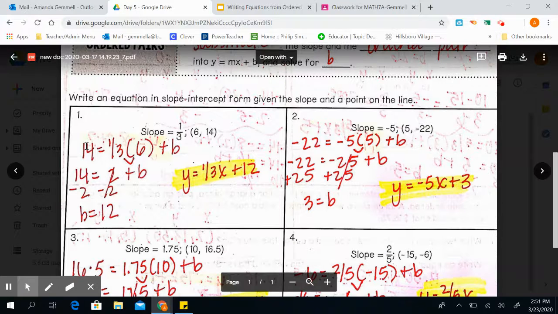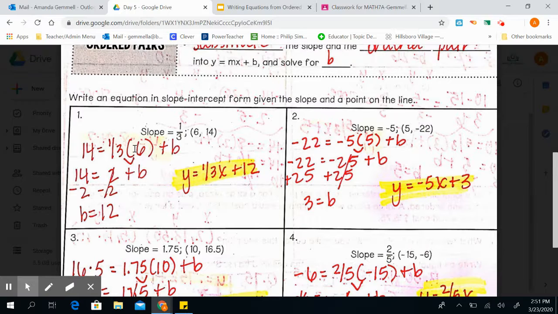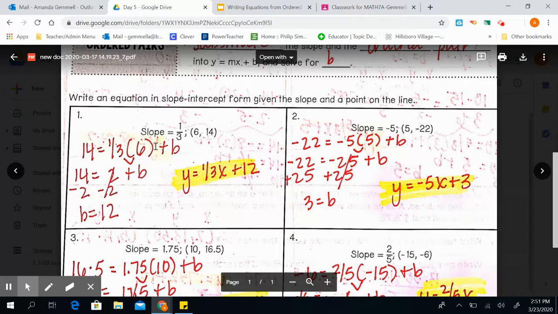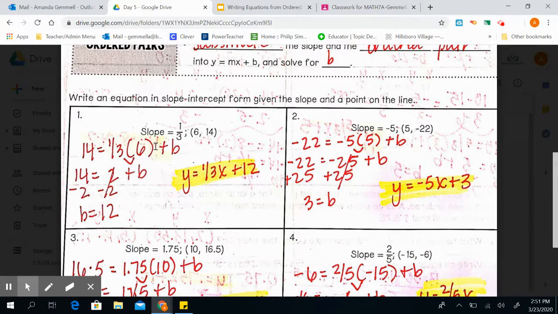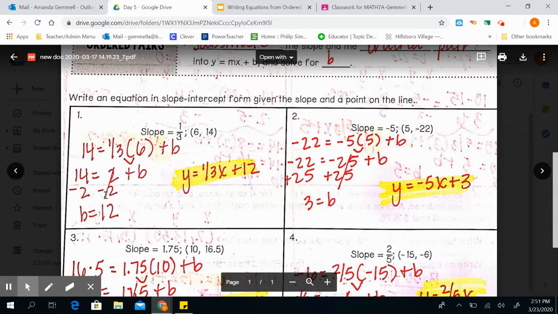So y is 14 equals m, the slope, which is given, 1/3, times x, which is 6, plus b. Now I just have a one variable equation that I can solve. I will simplify this. 1/3 times 6 is 2, so that simplifies to 14 = 2 + b. Take away 2 from both sides, and we get a y-intercept of 12.